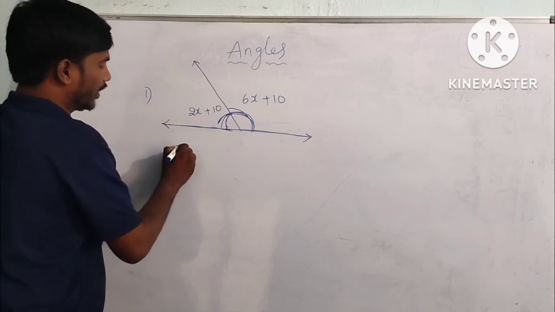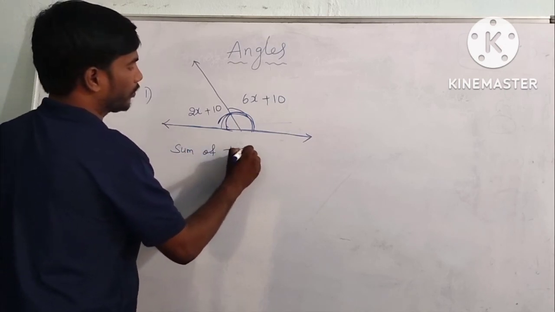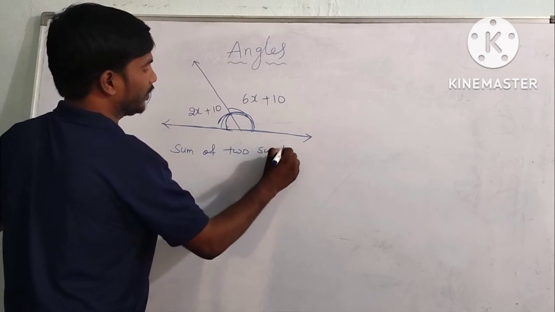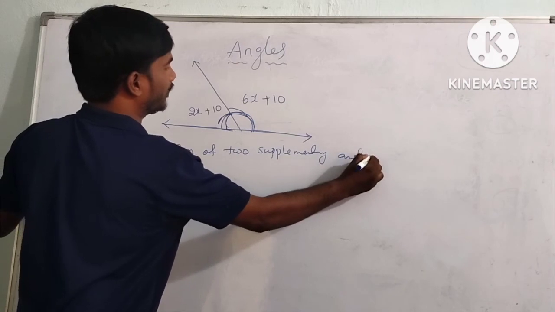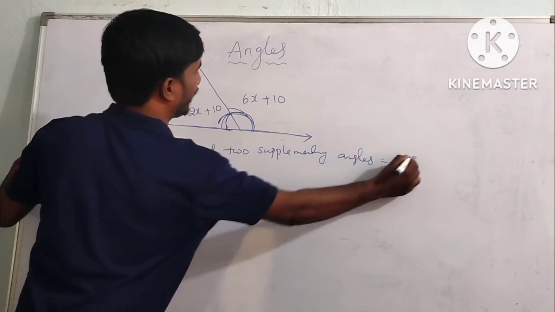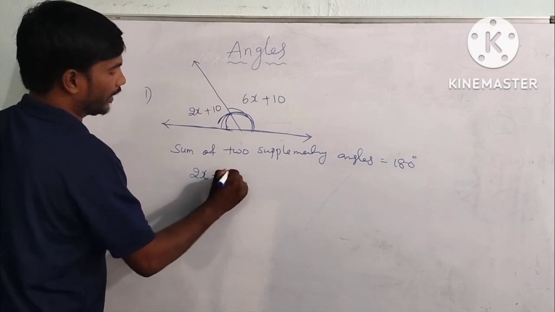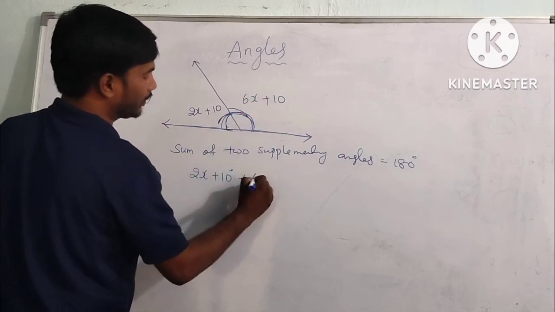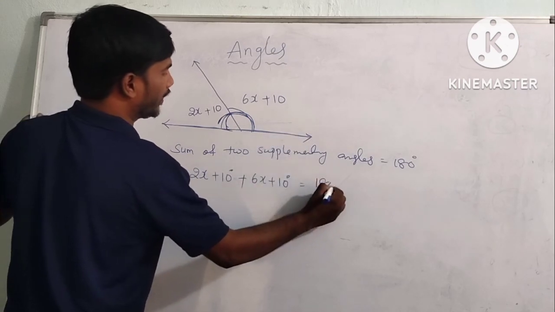Supplementary angles. The sum of two supplementary angles is equal to 180 degrees. So here the two angles, 2x plus 10 degrees plus 6x plus 10 degrees, equal to how much? 180 degrees.